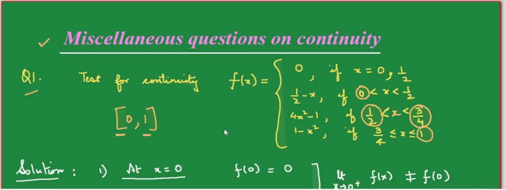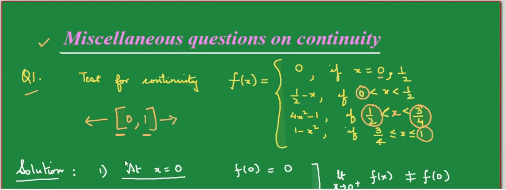By ab initio, we mean that we need to check the left hand limit and the right hand limit and also the value of the function separately for testing continuity at different points. So let's begin our discussion by addressing 0. Now mind it, whenever the domain is a closed interval, let's say [a, b], here it's [0, 1], then there is no definition of the function on the left side of 0. So it will not make sense to talk about the left hand limit of f at 0 because there is no f existing there.